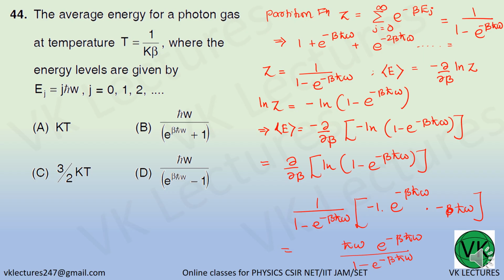Multiplying the numerator and denominator by e to the power minus beta h cross omega, we get h cross omega divided by e to the power beta h cross omega minus 1. So it's the option.